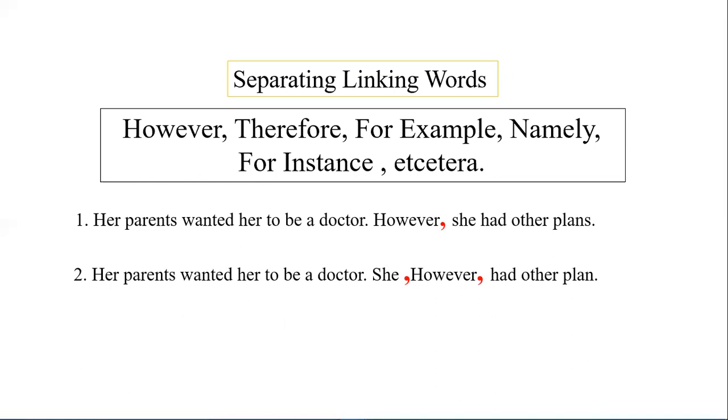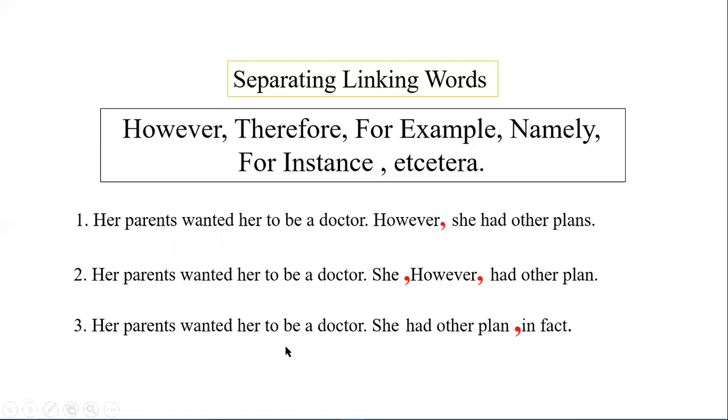She, however, had other plans. If we want to use however in the middle of the sentence, we should put two commas, on both sides, ending and beginning. So we should be more careful when we write these sorts of sentences. When we use these linking words at the end of a sentence, we should put only one comma.